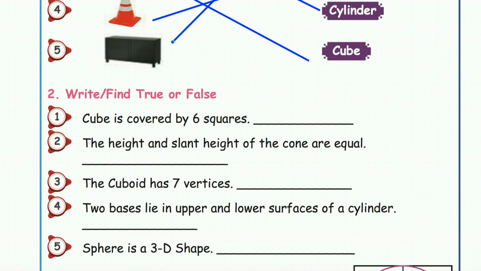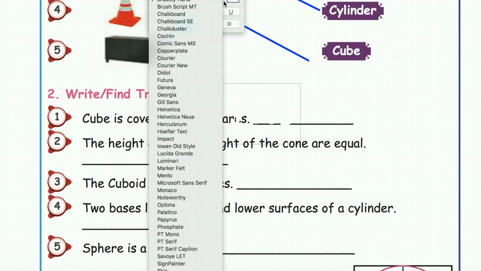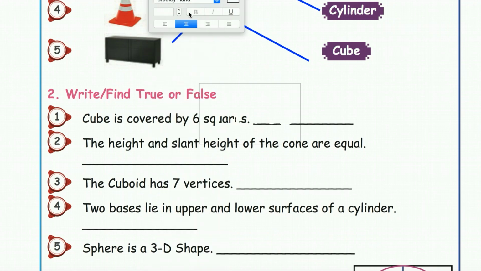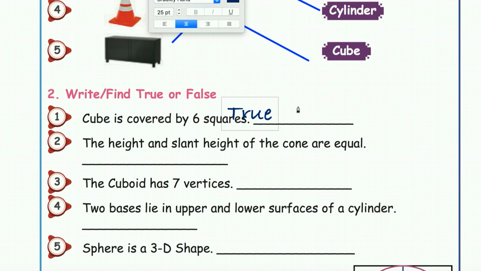So we need to write true or false. Better to write T instead of true.